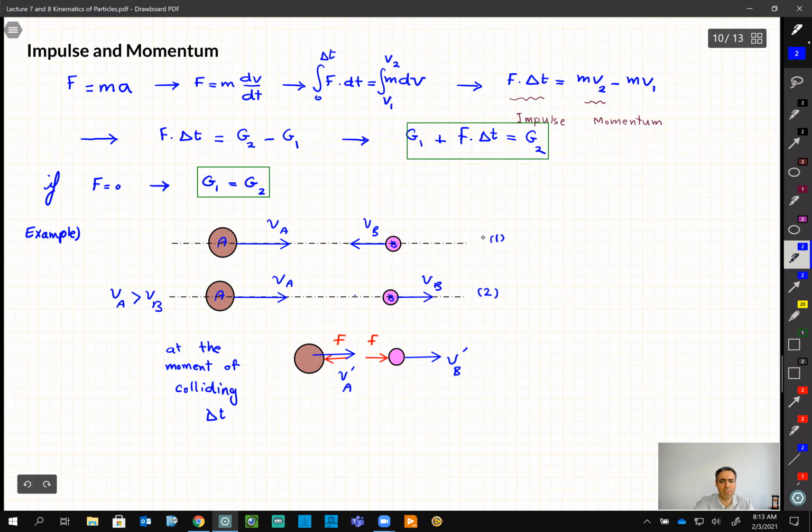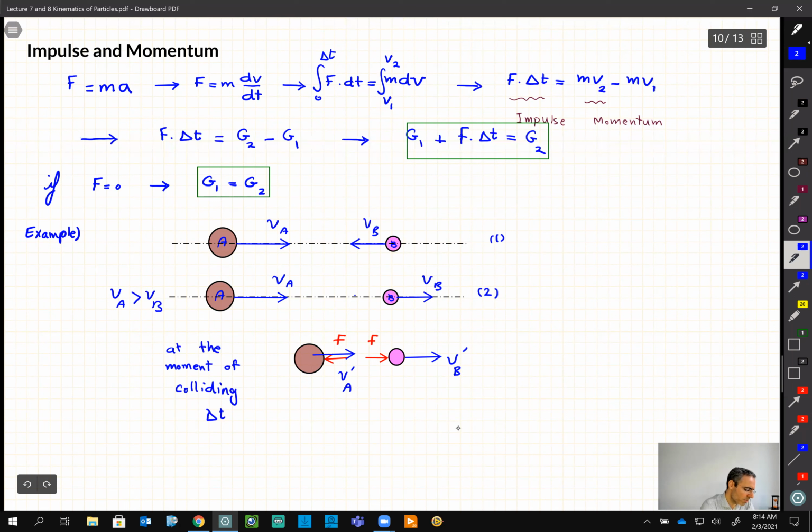These two collide. At the moment of collision, there is a force, action and reaction between them, and there is a speed change, but we don't know how much, V prime A and V prime B. So let me see if I can use the formula that we just learned, G1 plus F delta T is equal to G2, to solve this problem. Let's say we are interested in finding out V prime A and V prime B.